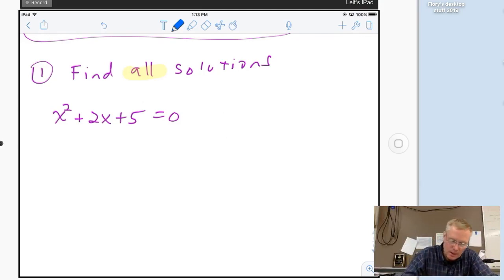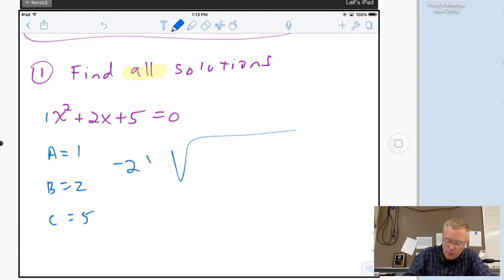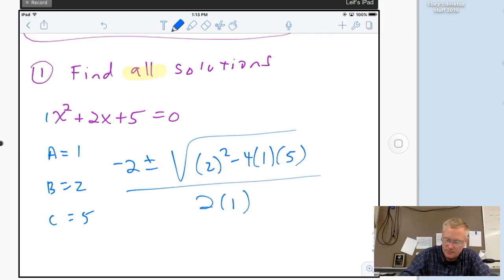So A is what's in front of the x squared. There's an implied 1. B is 2. C is 5. Okay, plug those numbers into your quadratic formula. You get negative b plus or minus the square root of b squared minus 4 times a times c all over 2 times a.